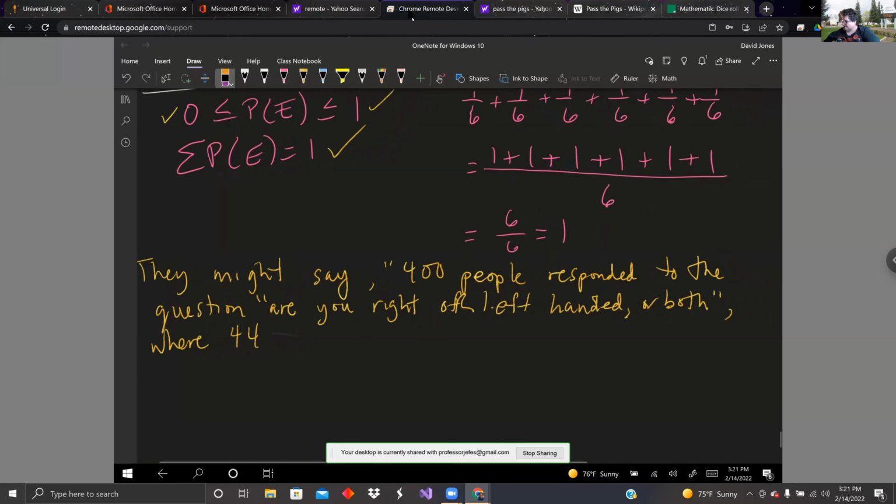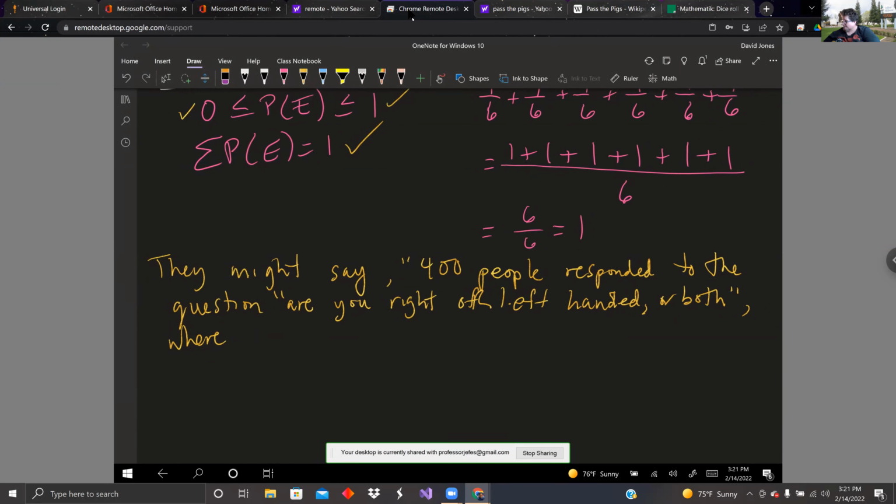That's exactly where it's trying to go. So I'll pick a different number. Where the probability of being left-handed was 0.13. How many people said they were left-handed?